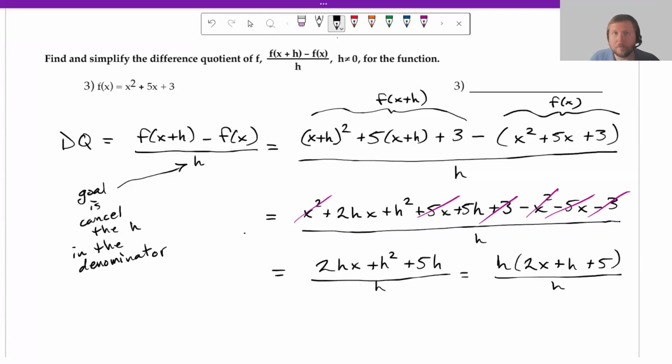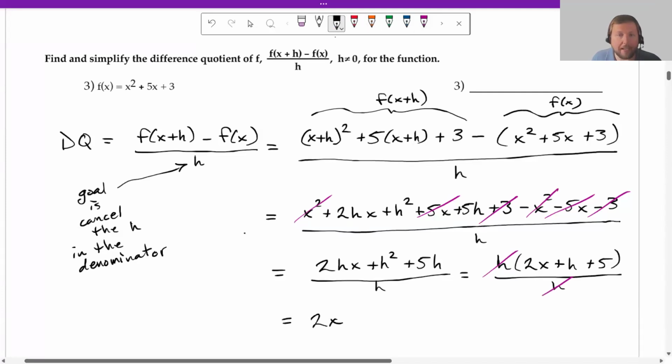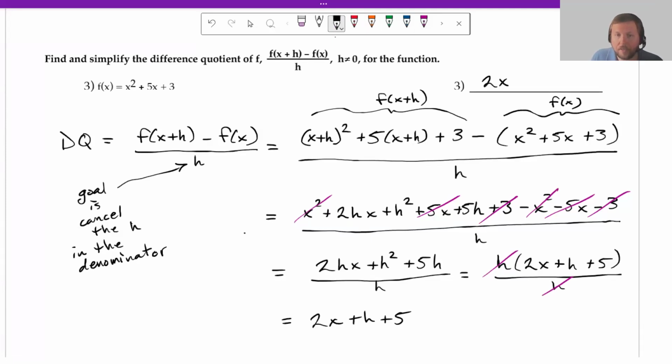And now I have hit my goal, which was to cancel that h on the bottom. And I have found and simplified the difference quotient. So my final answer is 2x plus h plus 5.